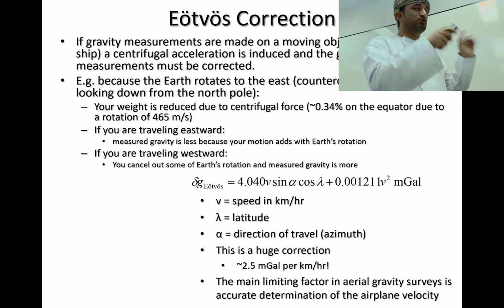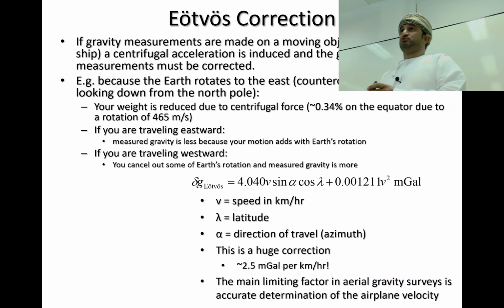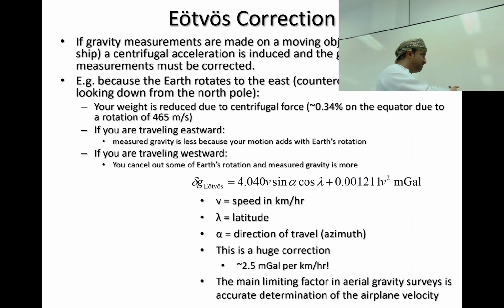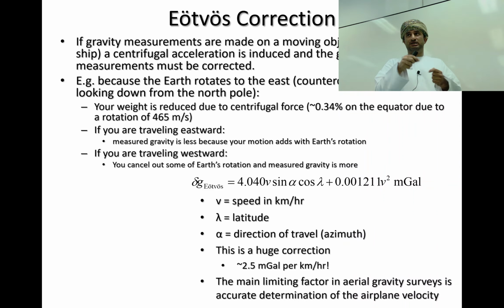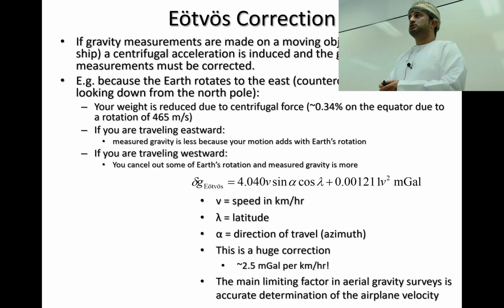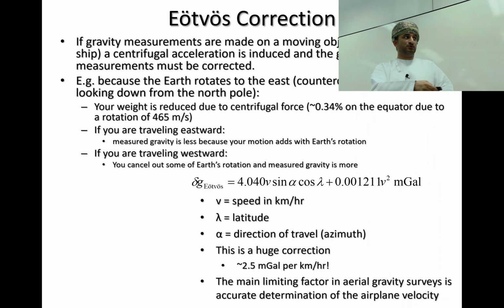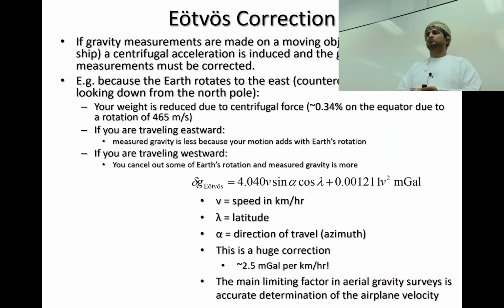This correction is usually the largest correction, the Eötvös correction. Usually the anomaly you observe is less than 2.5. The anomaly is probably 1 point something, whereas for every kilometer per hour you are adding or removing 2.5 milligal.